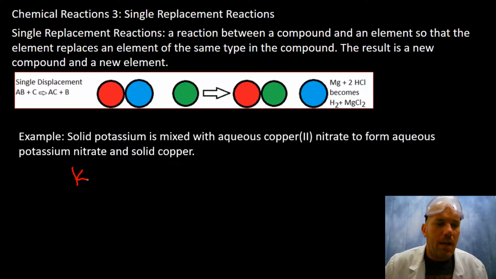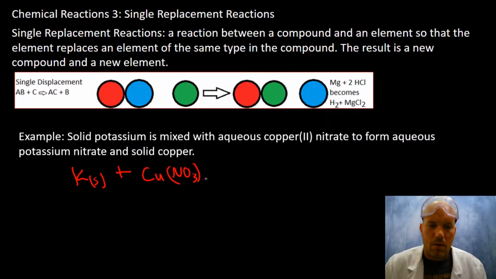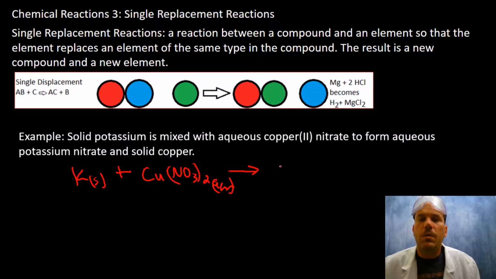So solid potassium, group 1 metal, is mixed with aqueous copper 2 nitrate, aqueous, and it is going to yield to form aqueous potassium nitrate and copper.